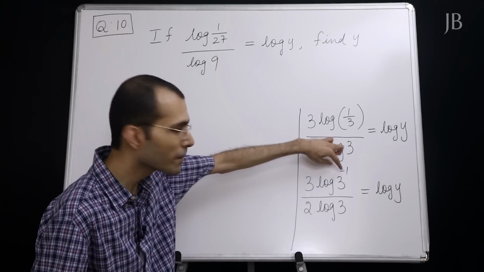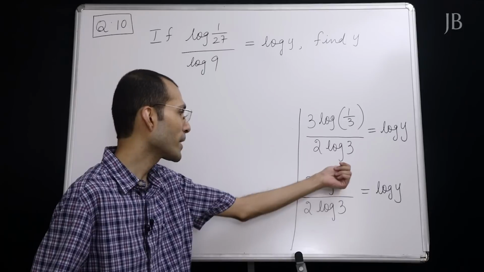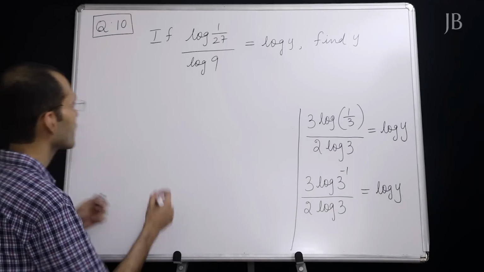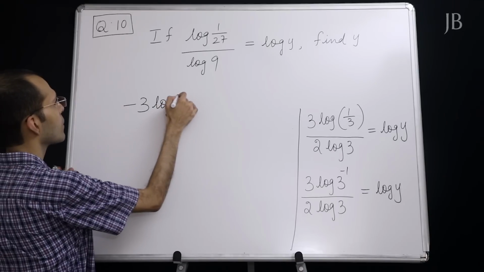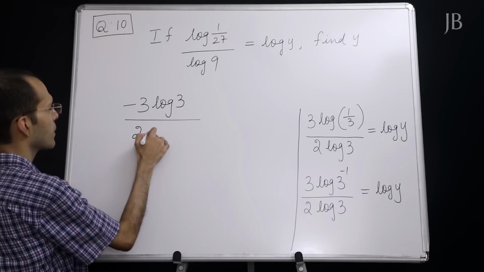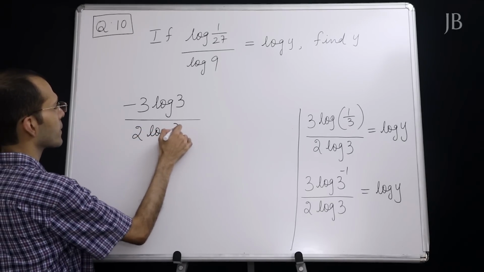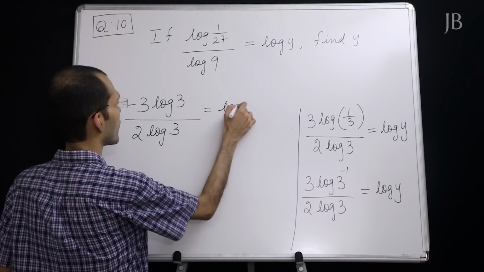Now power becomes the coefficient. Log a raised to b is b log a. So minus 1 will get multiplied by 3. So this will become minus 3 log 3 upon 2 log 3 is equal to log y.